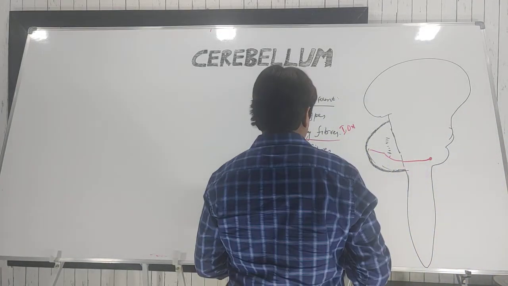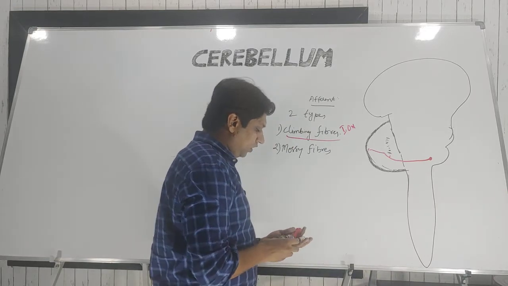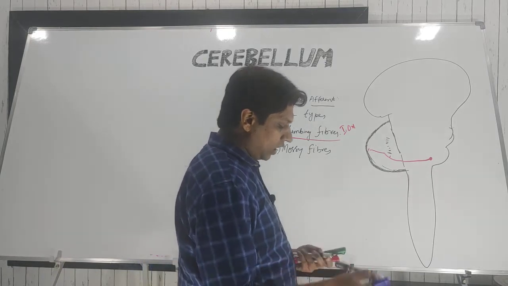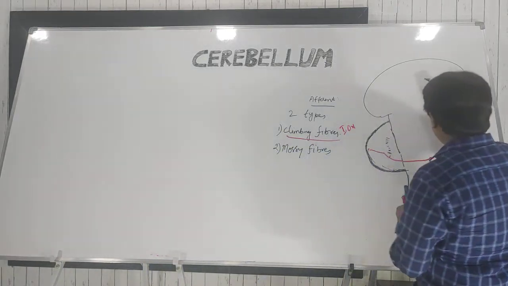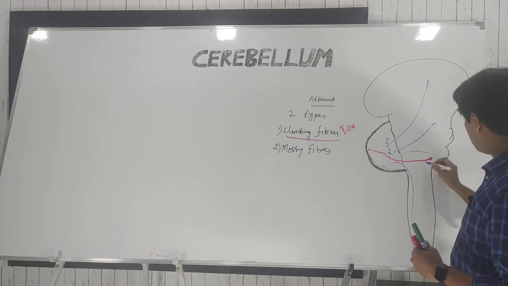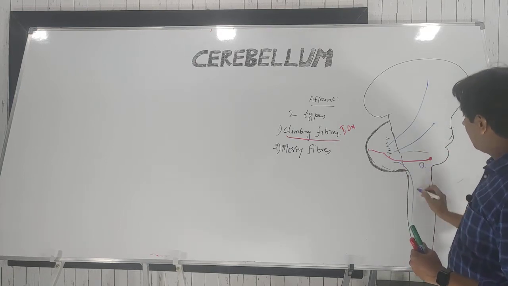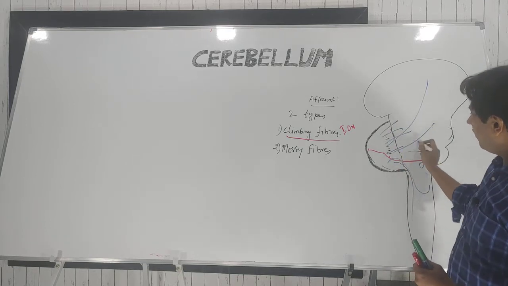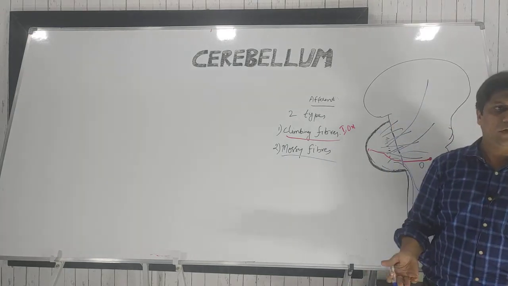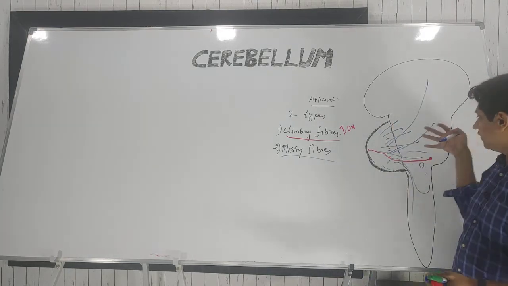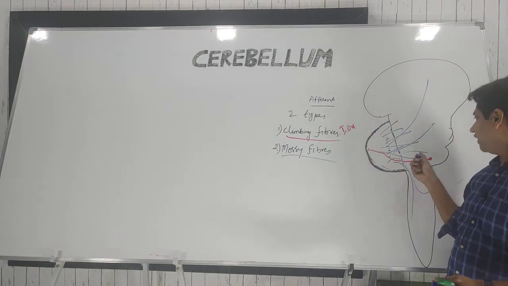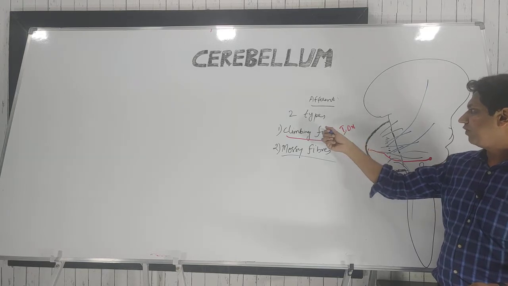The rest of the fibers, which come from the various parts of the nervous system, such as the cerebrum, spinal cord, and vestibular nuclei from the inner ear, are described as mossy fibers. So simple. All the fibers entering the cerebellum are mossy fibers, except for one group of fibers coming from the inferior olivary nucleus. That is the climbing fibers.